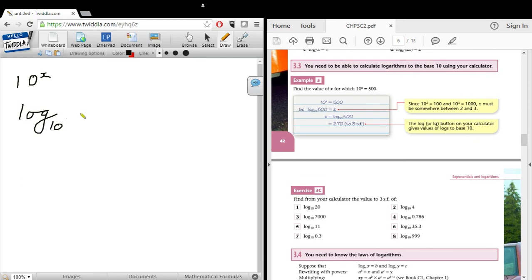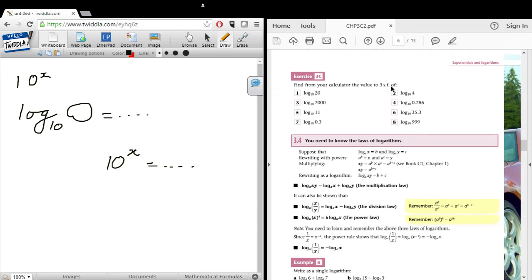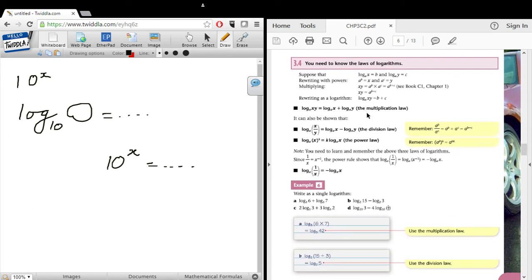So it's log whatever to the base 10, okay, equals, you have your answer. So everything is pretty much 10^x equals whatever you have, okay? So if you find from your calculator the value to 3 significant figures, and then you can do these particular working computations.